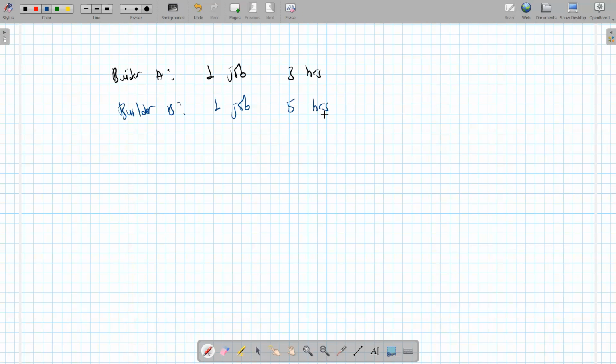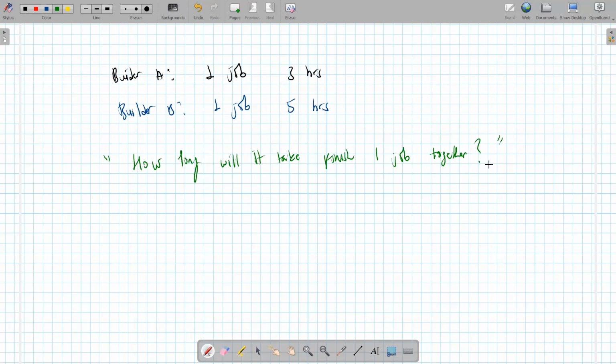This is going to be a 4+ question, very similar to the one we did here. How long will it take for them to finish one job together? This would come up on a math competition or something as well.